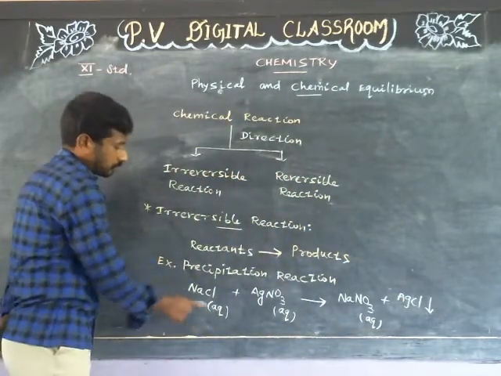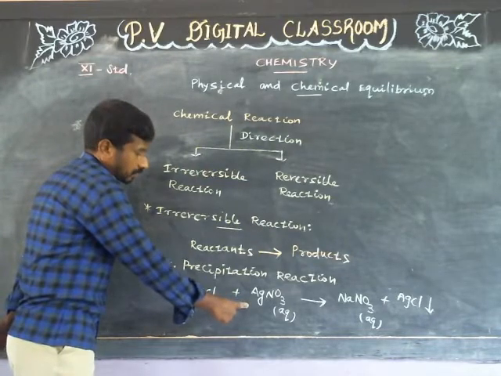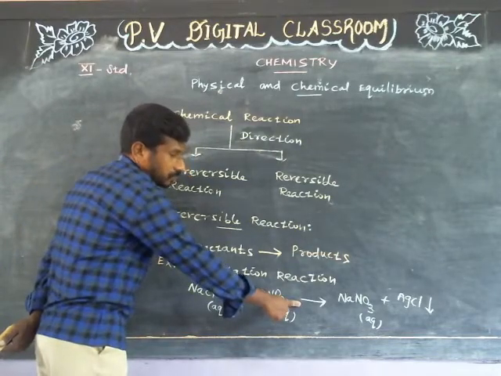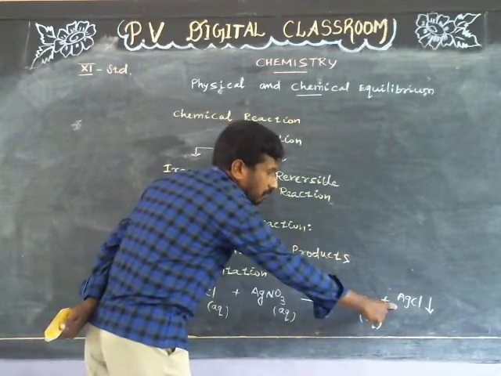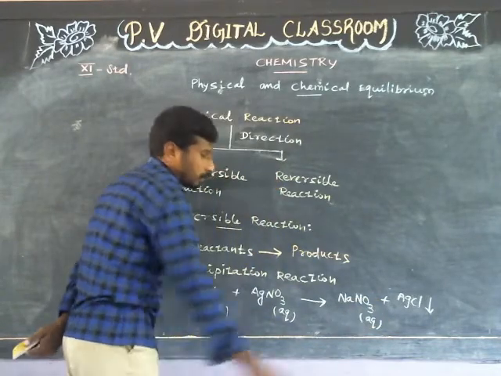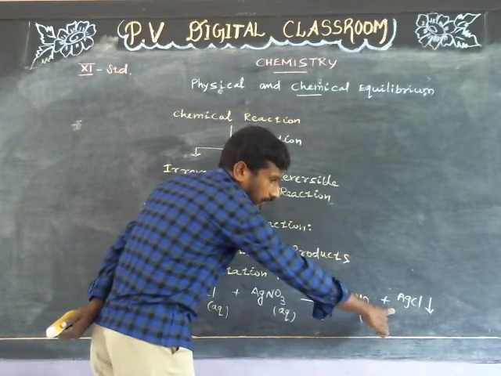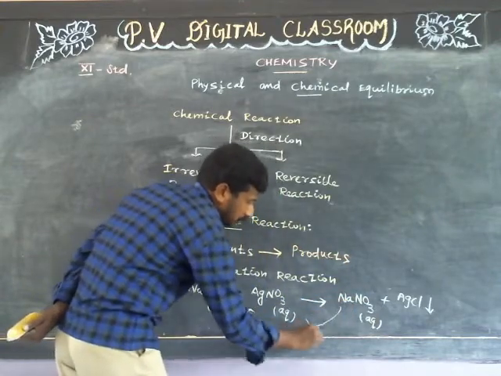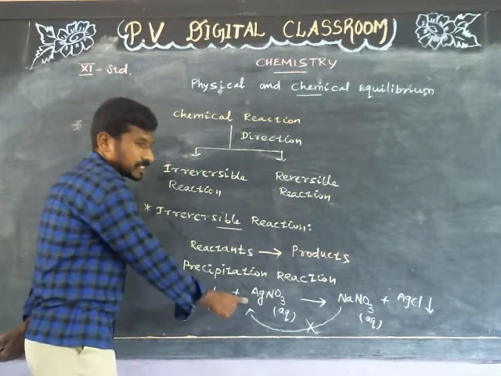In this reaction, the reactants sodium chloride and silver nitrate react with each other in the forward direction to give the products sodium nitrate and silver chloride precipitate. At the same time, the products sodium nitrate and silver chloride never react with each other in the reverse direction to give the reactants sodium chloride and silver nitrate.